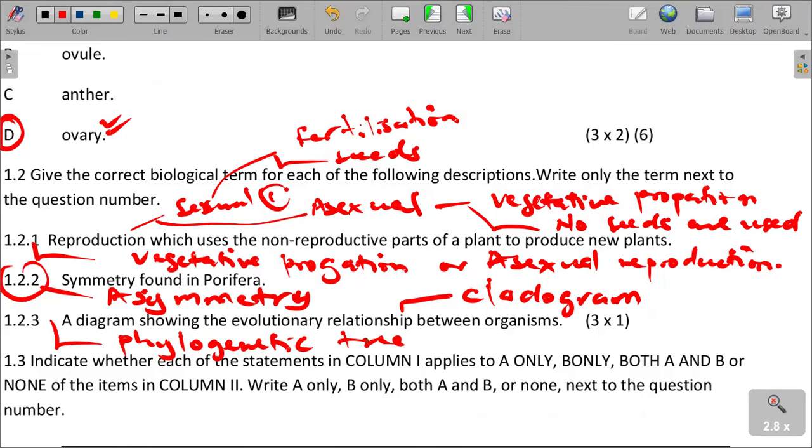A phylogenetic tree identifies the relationships that have developed within a population or species, tracing where the population started and how it is growing. So you need to know that that is called a cladogram or a phylogenetic tree.